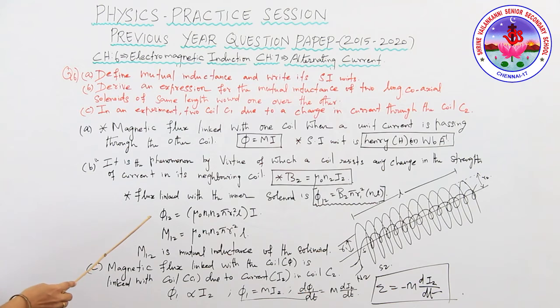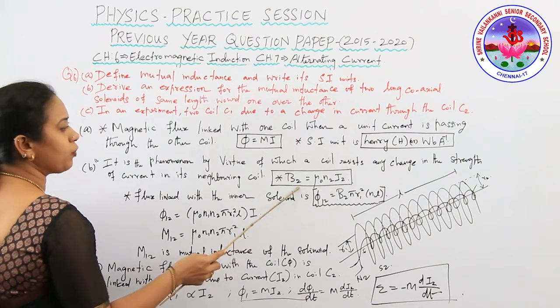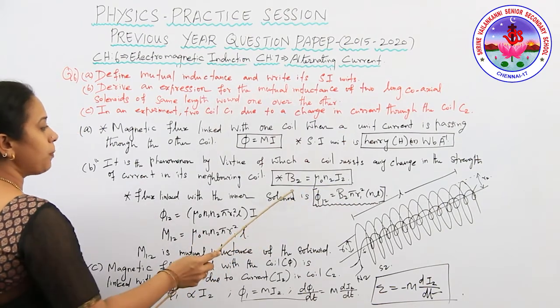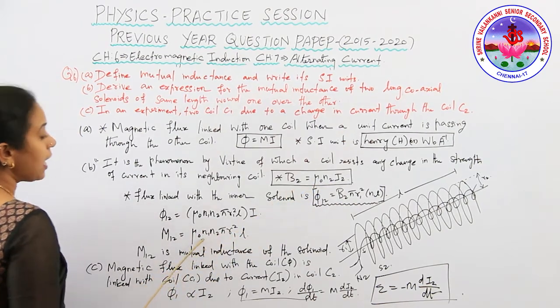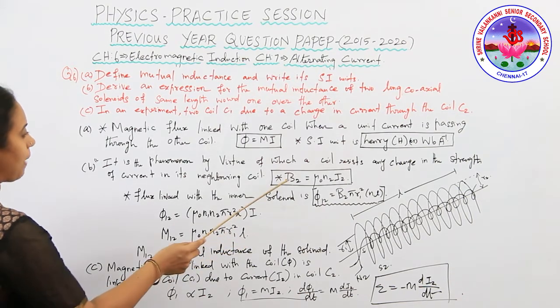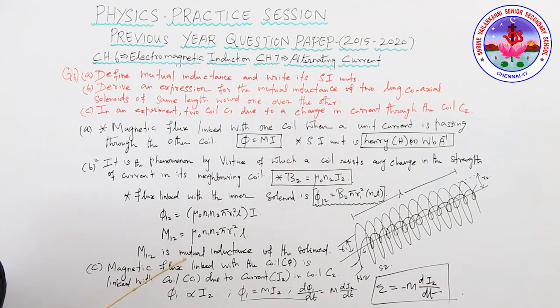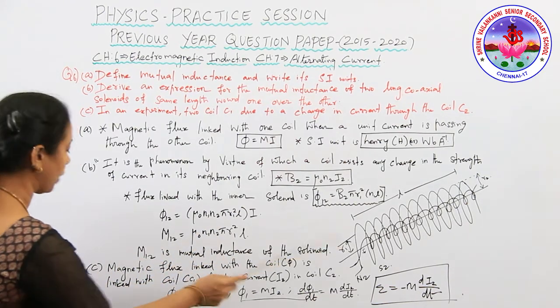Now, applying the value of B2, phi 1,2 equals mu naught N1 N2 pi r square L I2. So by applying the value you will get M12, the mutual inductance of the solenoid.